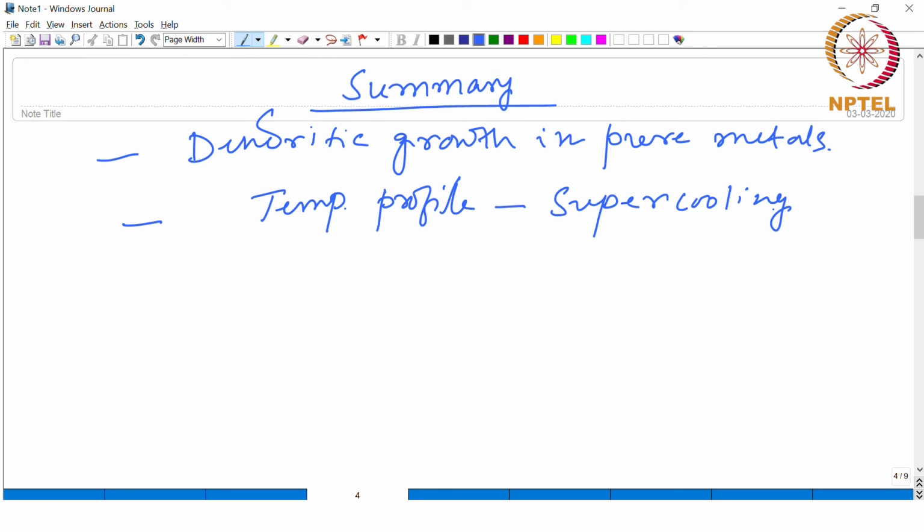Okay. So, when that kind of condition prevails, any protrusions or any perturbations which grow on the interface will feel stabilized in the liquid, and as a result of that they will grow as solids. Okay. So, that is how first the primary arm of the dendrite develops.